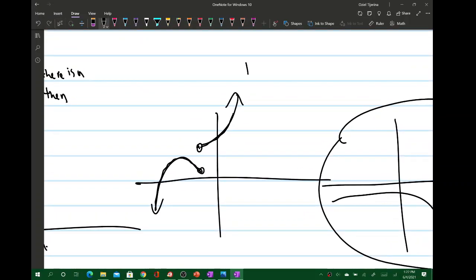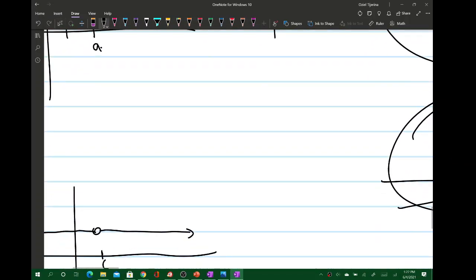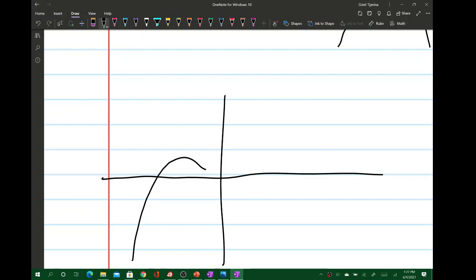Now, if we have a jump discontinuity, so for example, let's pretend we have a graph, right? Let this be defined as f of x, okay?